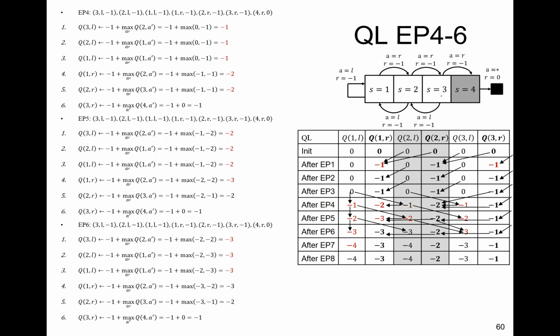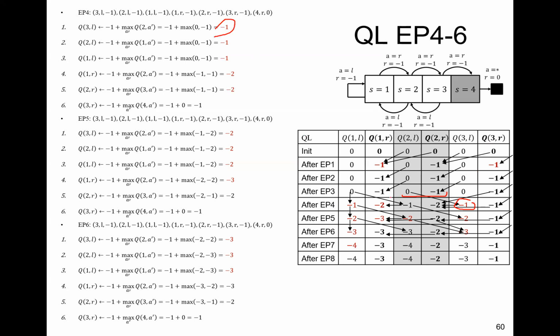For episodes 4 to 6, you perform the bootstrap. Q3 left bootstraps off Q2. The max of the Q2 values is 0, so this is -1 for Q3 left.